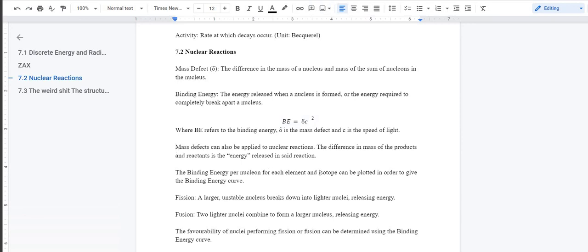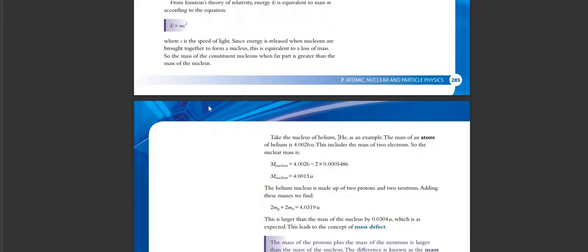And now we can make use of mass defects, a similar concept, when we want to find out the energy in nuclear reactions. Oftentimes in chemistry and also in this chapter, you'd see reactions happening between atoms. Let's pull up an example from here.